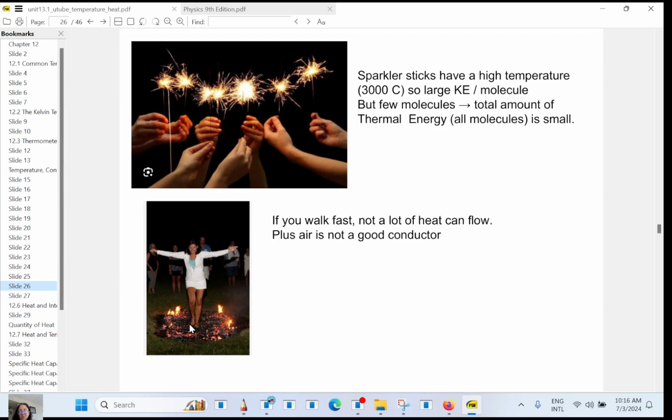Plus air is not a good conductor, so there is a layer of air and also water if you are sweating, so that will protect your feet. So heat is really energy flowing, and if that energy cannot flow well, because it does not have time to flow, or there is some insulation between the two bodies, you're not going to feel the burn.